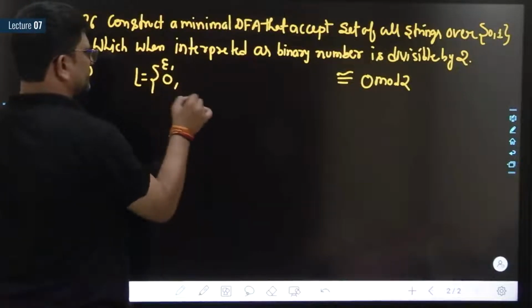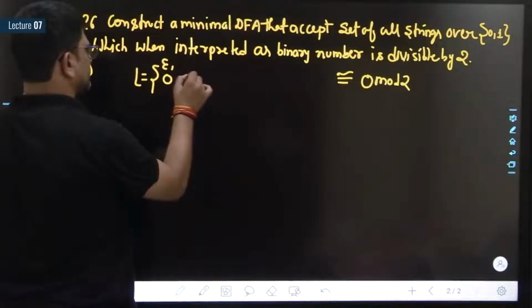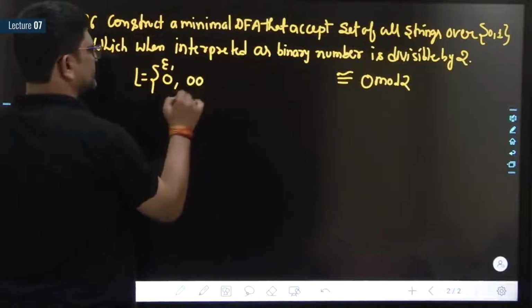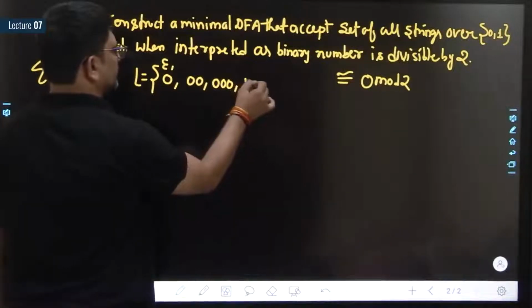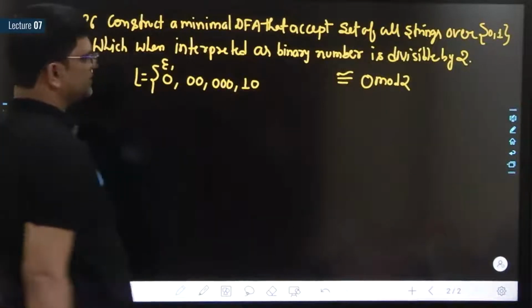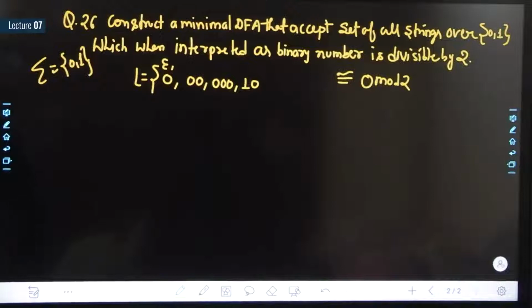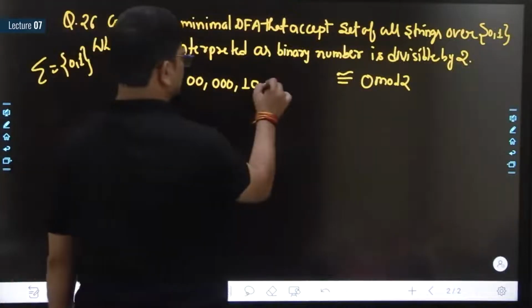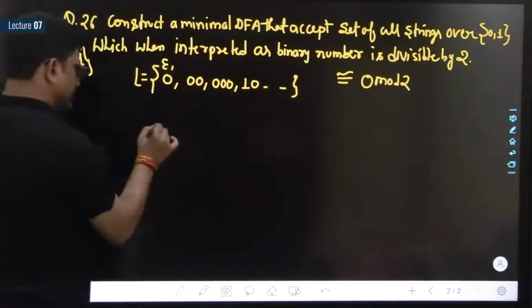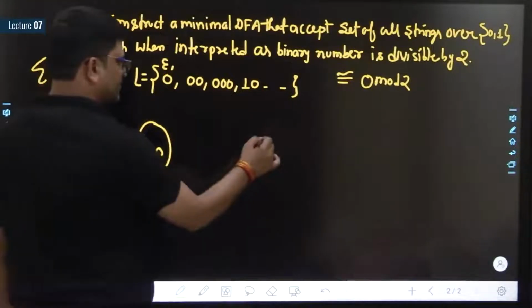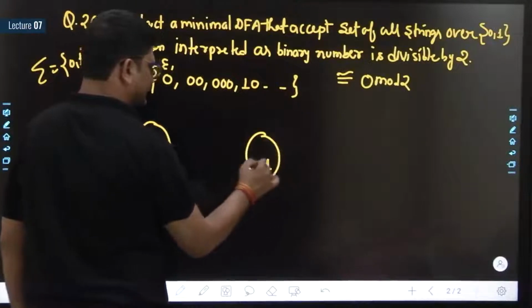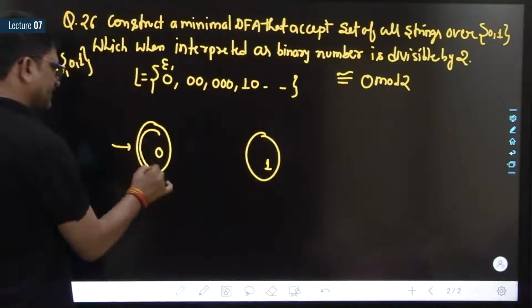Epsilon is accepted. 0, 0 is accepted. 1, 0, what is the 1, 0? It is 2. 2 divided by 2, remainder is 0, and so on. Number of states: remainder 0 possible and remainder 1 possible. This is the final state.